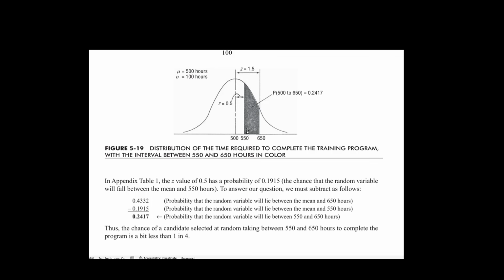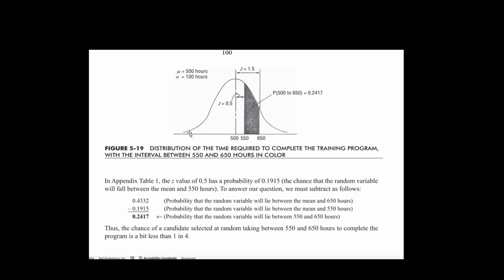So to get this area, for 1.5 you will get this total area from the table, and for 0.5 you will get this area from the table, and when you subtract this area from the entire area, you will get the area we want.